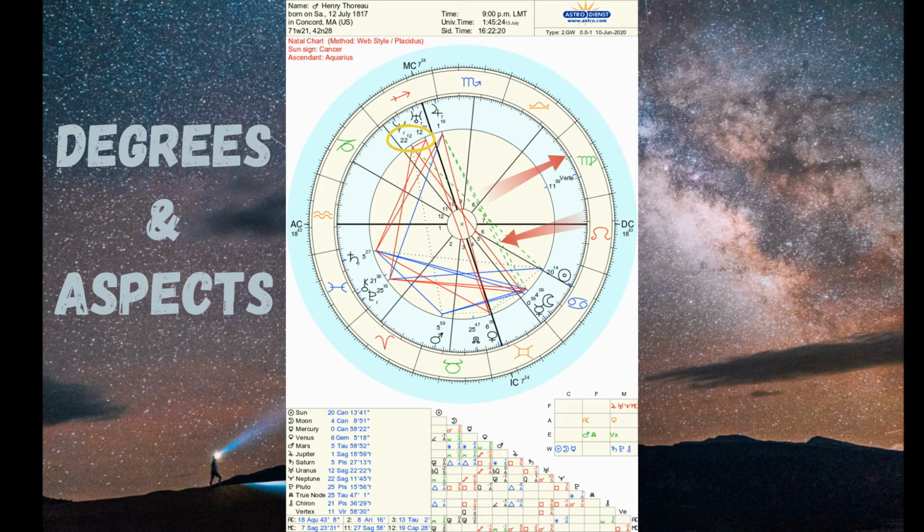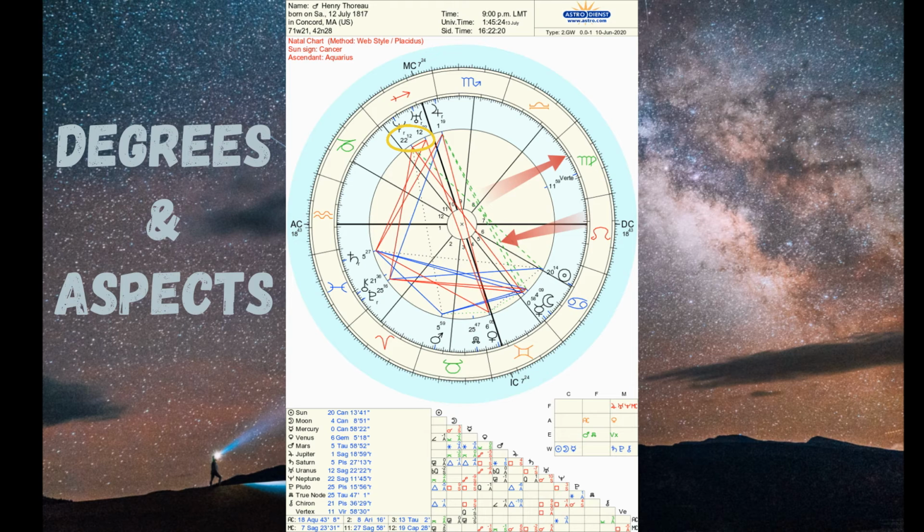So, and I'm going to have to dedicate a whole video to explaining that in more detail, because there are many different aspects, and each of those aspects carry a different type of energy. So conjunctions combine the energies of the 2 planets.